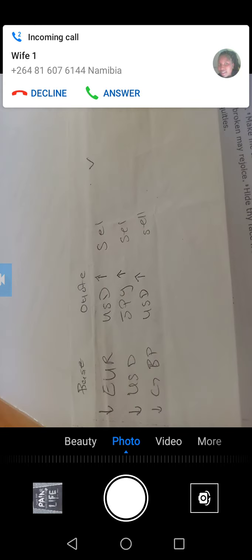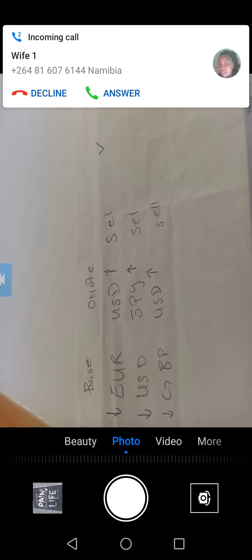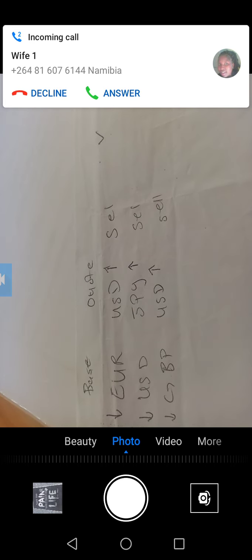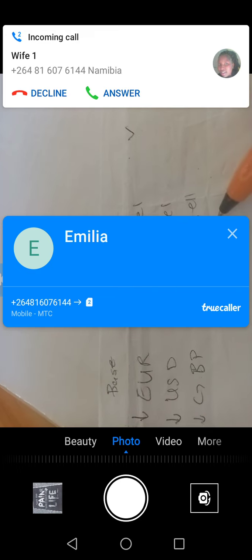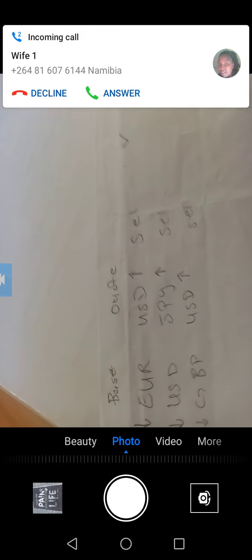Let's say this is a winning trade, the first one. What about the second one? We sold. We know here USD is gaining value.